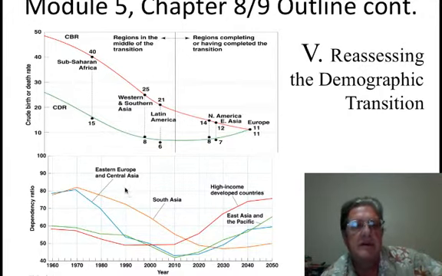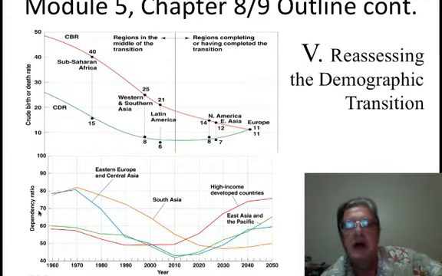This graph is a graph of something called the dependency ratio. The dependency ratio is the ratio of employed working people to unemployed or unable-to-be-employed people. Typically, they define the dependent people in a population as those under 18 and over 65.